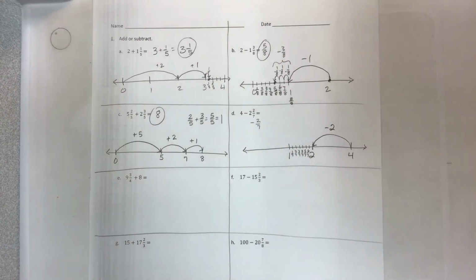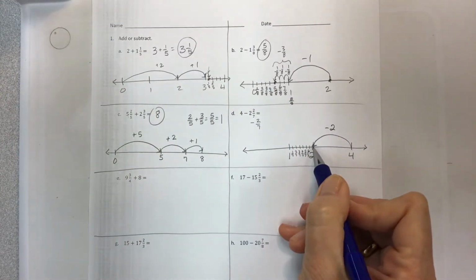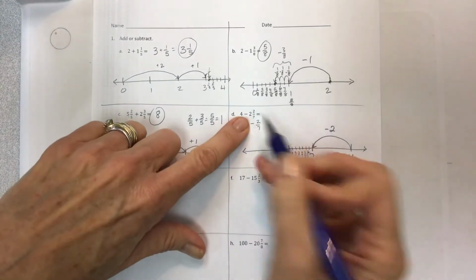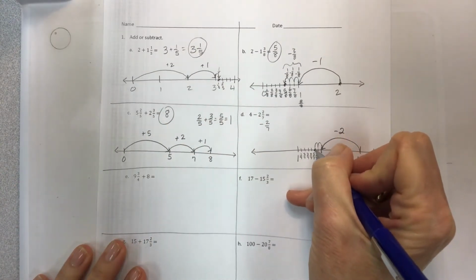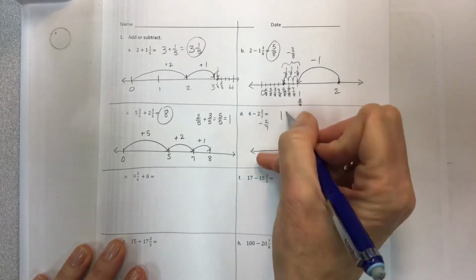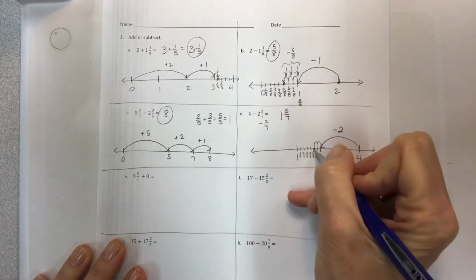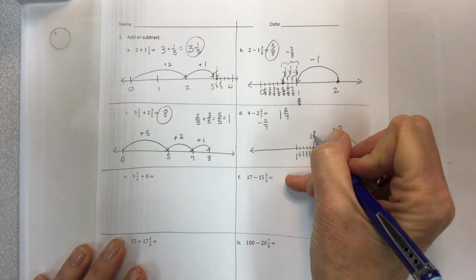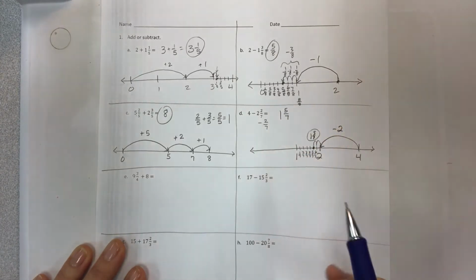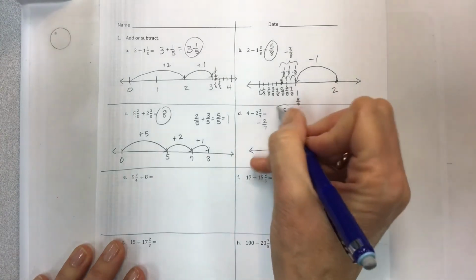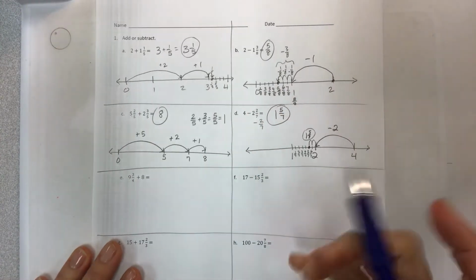You don't have to label the 7 sevenths if you don't want, because we're leaving from the 2 and we're taking away 2 sevenths. 1, 2. Where do you land? You're at 1 5 sevenths right there. Okay, 1 5 sevenths.